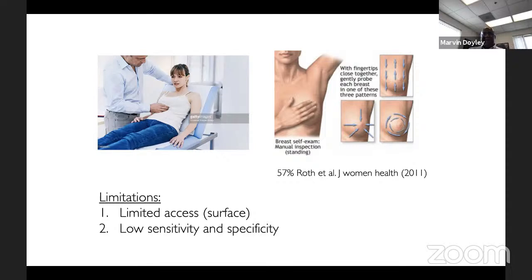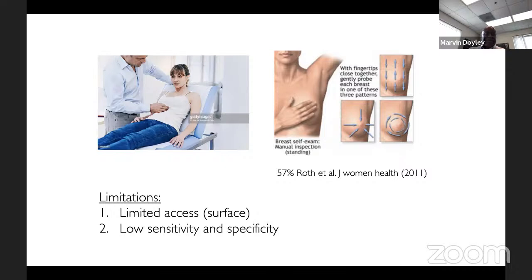So what we would like to be able to do is detect very low differences between, let's say, the tumor and the surrounding tissue, as opposed to a tumor that is much, much harder. And the reason why we want to do that is because by the time we detect this with palpation, or by your hands, the tumor is usually in a more advanced stage, all right? So we want to be able to detect it earlier.